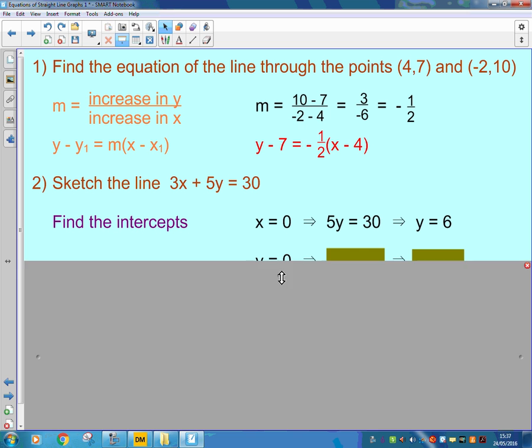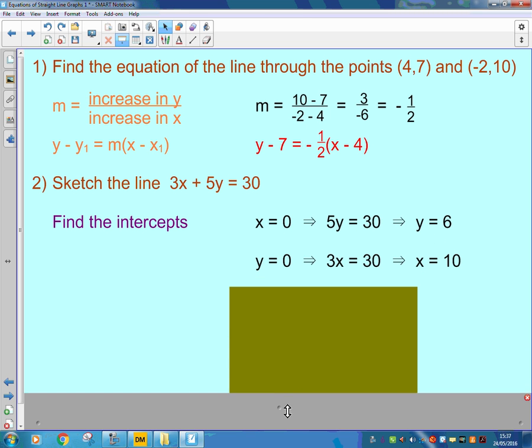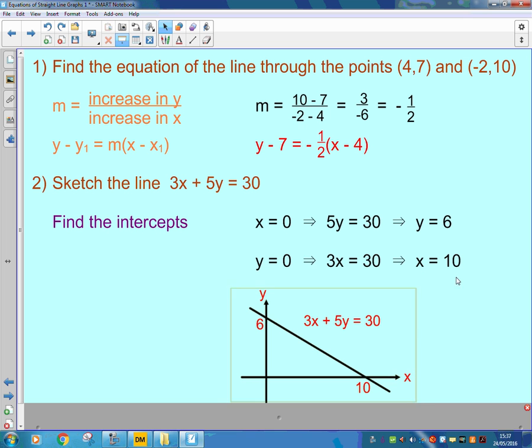That's my y-intercept. Now the x-intercept. That means I put y as 0. That goes to 0. I'm left with 3x is 30, so x is 10. So when x is 10, y is 0. When x is 0, y is 6. That means my sketch will have, when x is 10, y is 0, the x-intercept, and the y-intercept is 6.